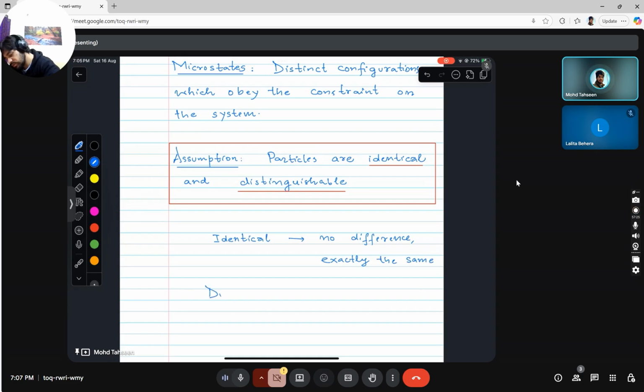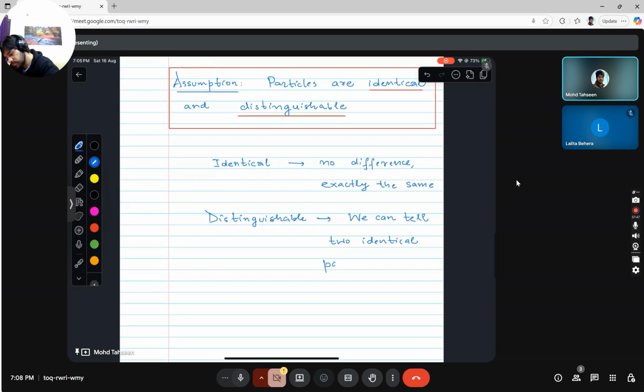And distinguishable means that we can tell two identical particles apart.